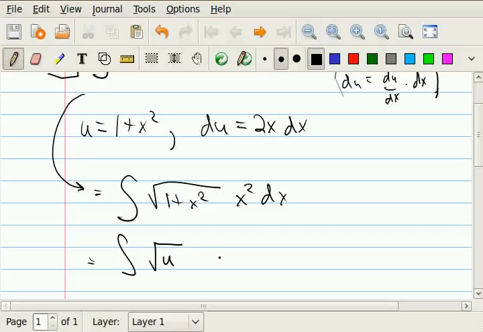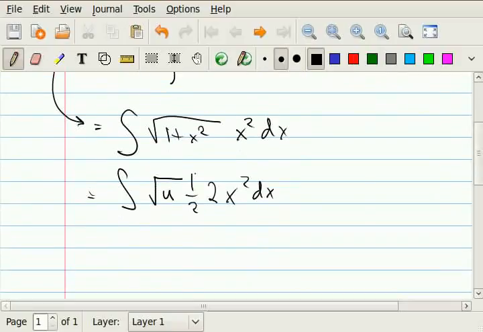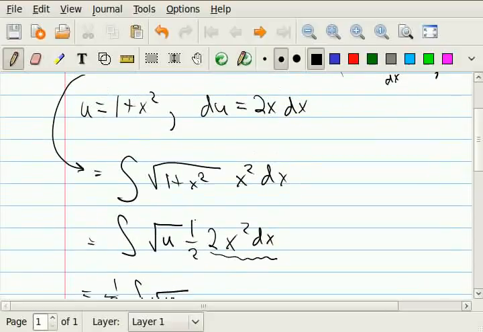Okay. Well, you might say, oh, what am I missing here? I'm missing a 2, right? Well, that's easy enough to fix. We can multiply by 2 and then multiply by a half. Actually, I'll write it this way. I've got my x squared dx, but I'm going to do two things which cancel. I'm going to multiply by a half and then multiply by 2. So if we do that, we can factor out the 1/2, which we don't really need, and leave that 2 in front of the rest of the term for du.